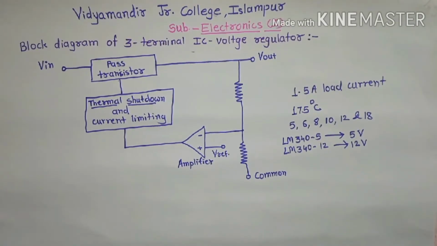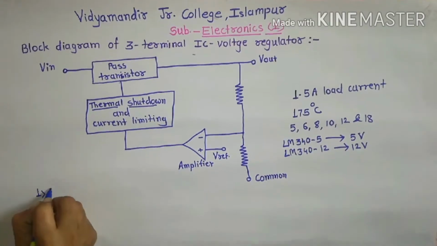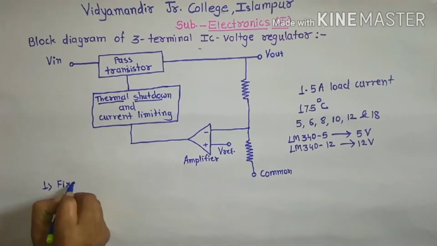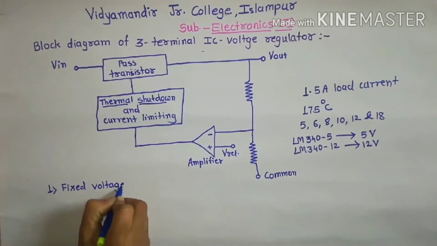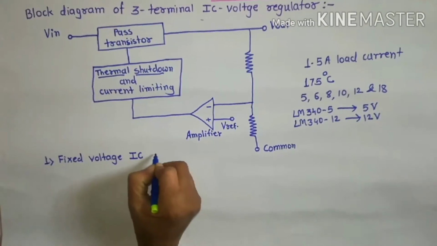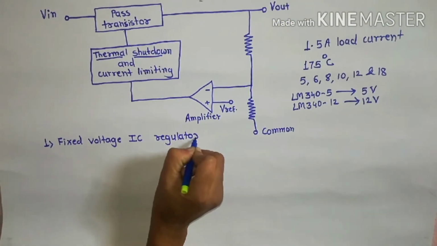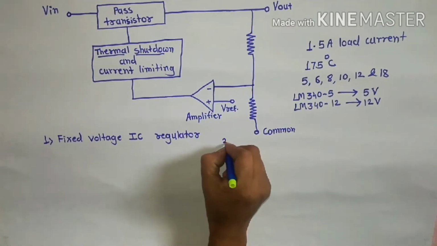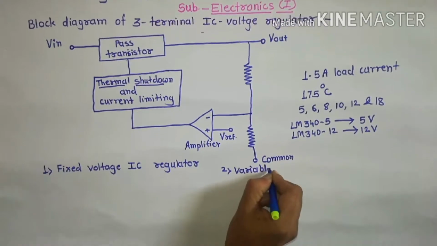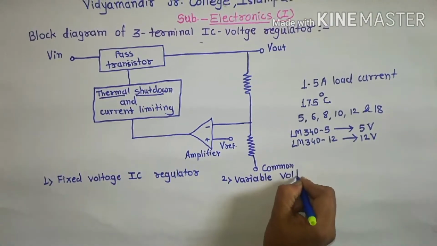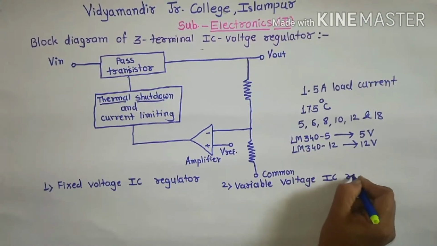Then there are two types of this IC regulator. First type is the fixed voltage IC regulator, and second one is the variable voltage IC regulator.